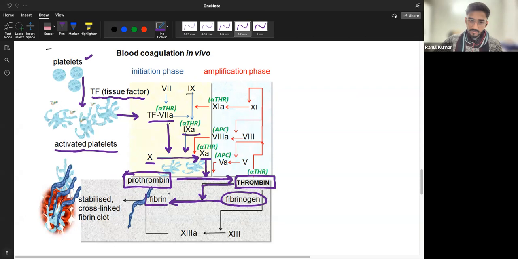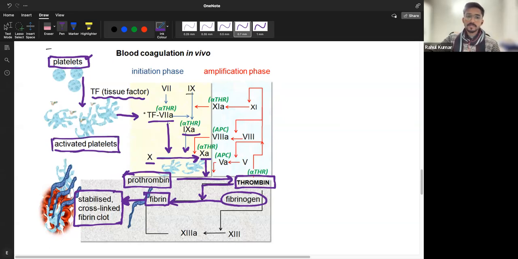Once you have fibrin in your system, this fibrin can directly help in making a fibrin clot, a mesh-like network. Is it clear now, everyone? Only the parts that I have highlighted with purple, you have to remember. Anyone has any doubts?